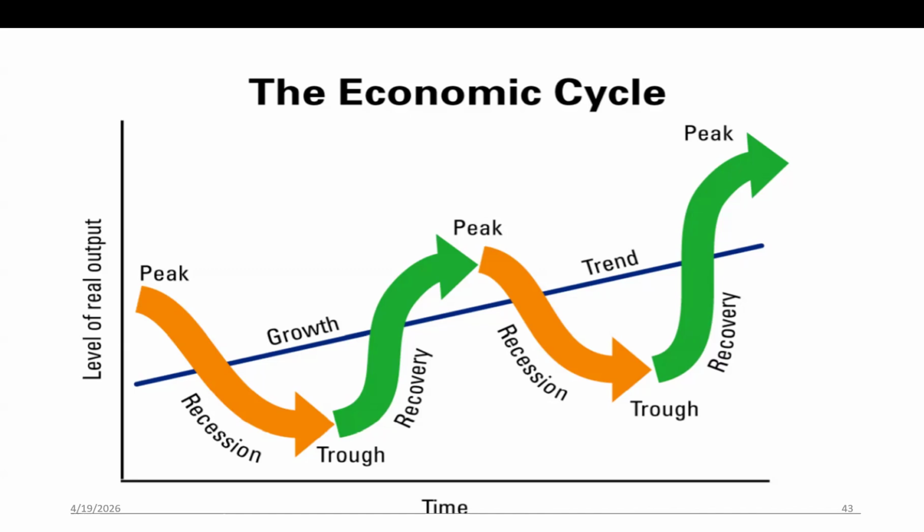And then we have the peak situation. There's an increase in the demand. When the peak situation is there, there's an increase in the demand for both capital and consumer goods.